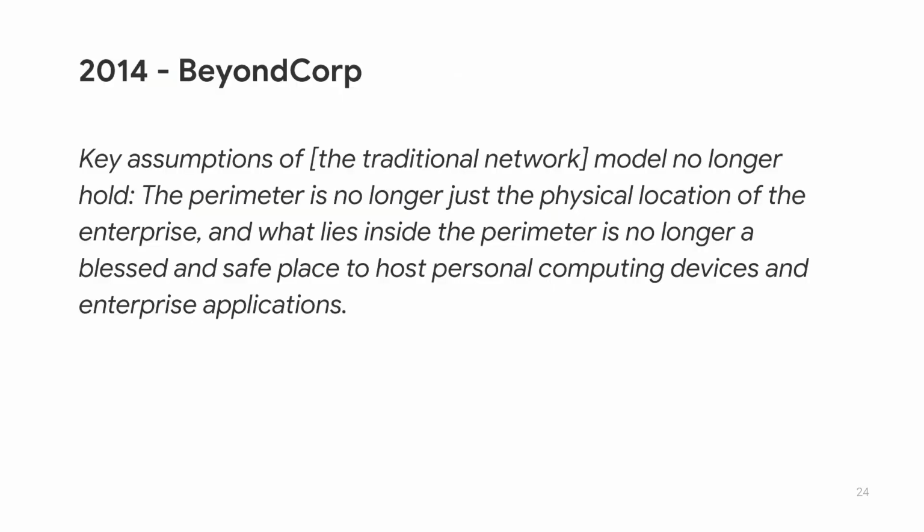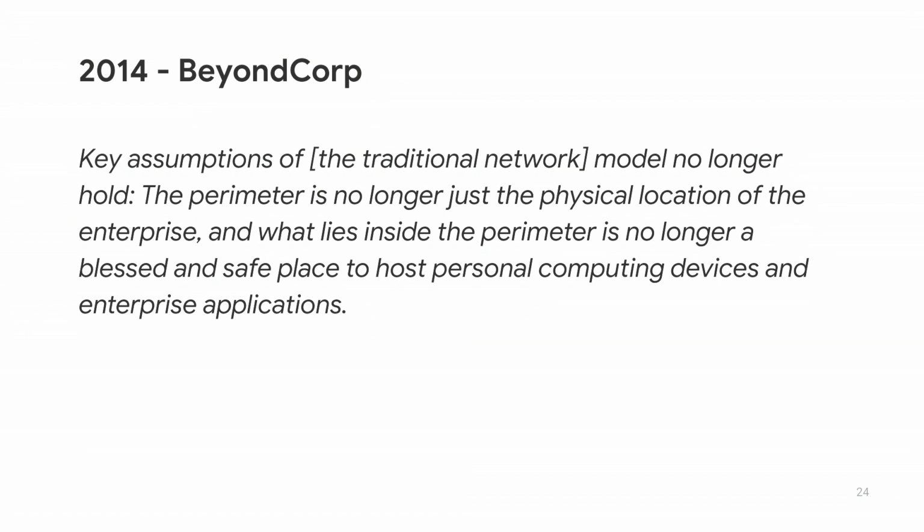And so if we step back for a minute, back in 2014, we published this idea in this white paper called BeyondCorp, which at the time really looked at the changing environment for how and where people were doing work for any sort of enterprise, Google included. The key assertion for BeyondCorp was that the traditional network model no longer applies.